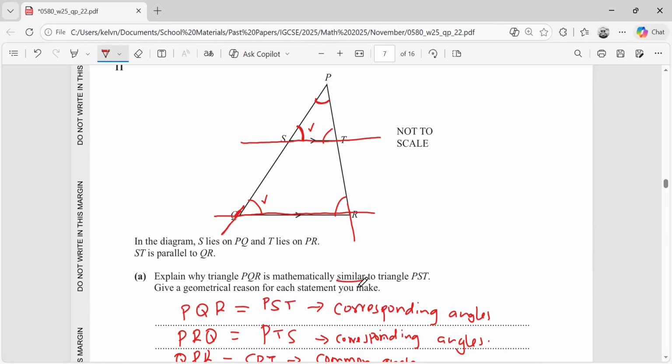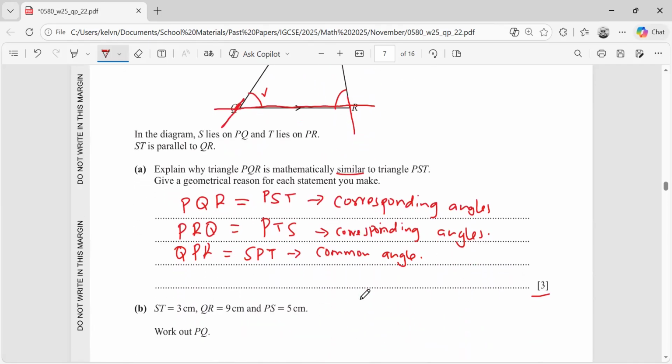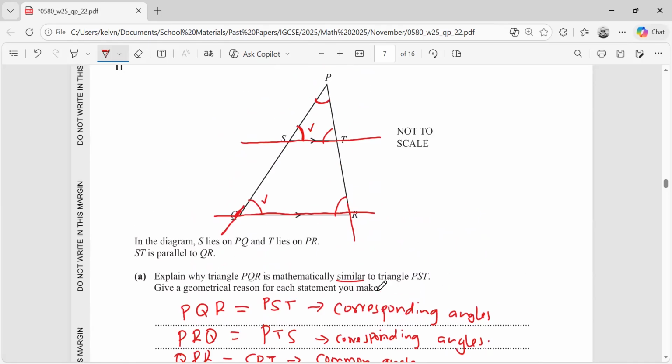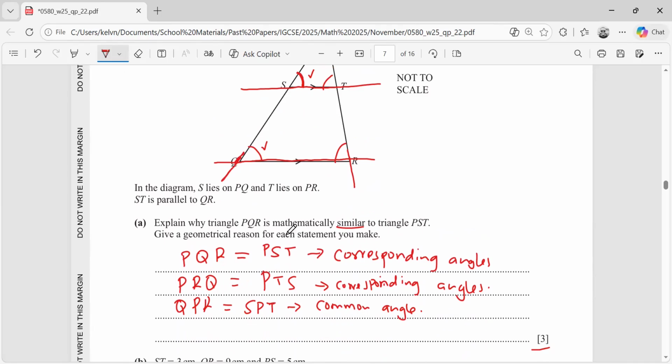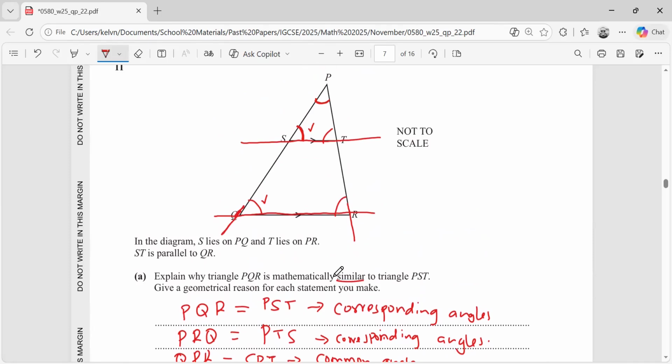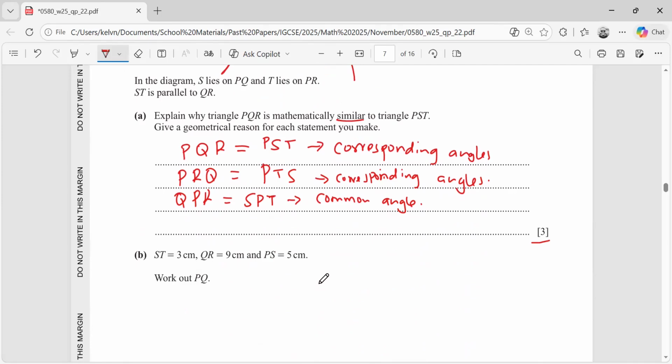So the idea is one of the triangles is an enlargement of the other. This is how you give reasons, or how you explain why they are similar. Again, these questions are not very common, but it's a nice question anyway.